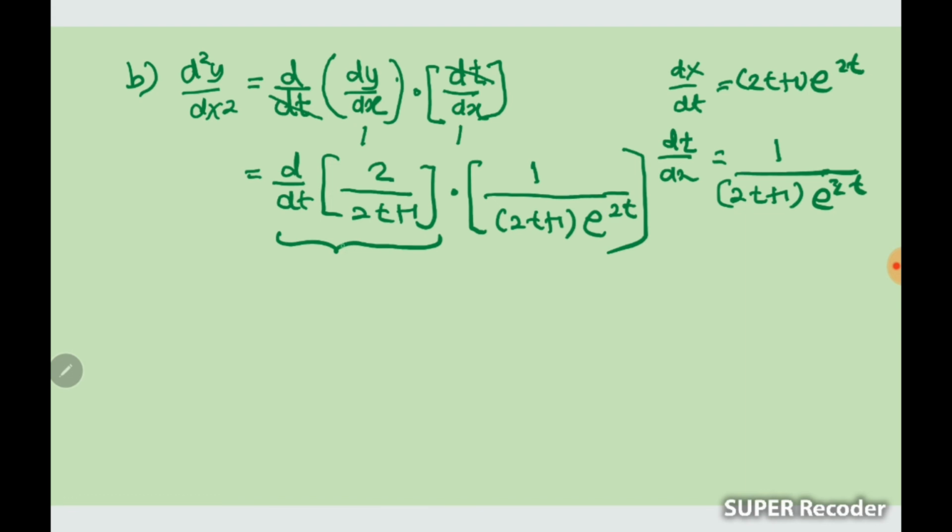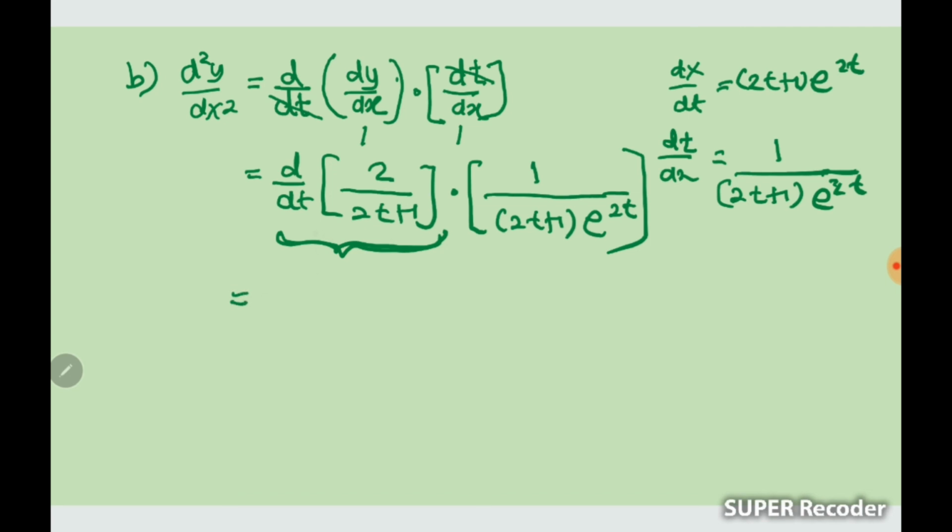Don't forget to differentiate first. To differentiate this, you can use the quotient rule, or you can bring 2t plus 1 up. But I will use the quotient rule here.